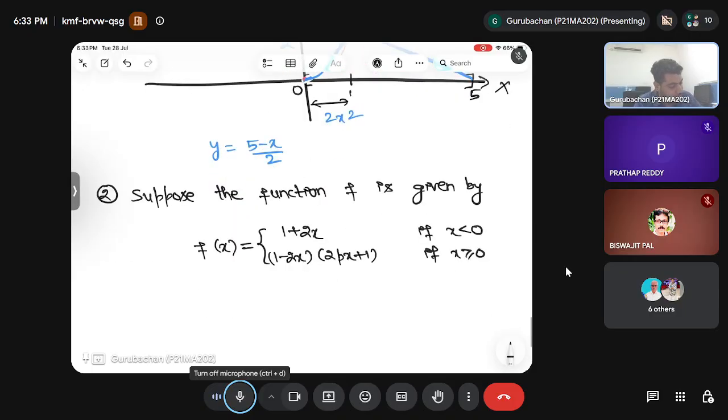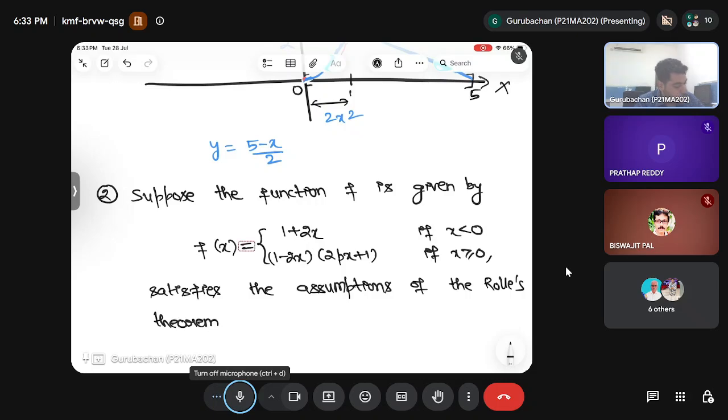And we are saying that this function satisfies the assumptions of the Rolle's theorem, over which interval?